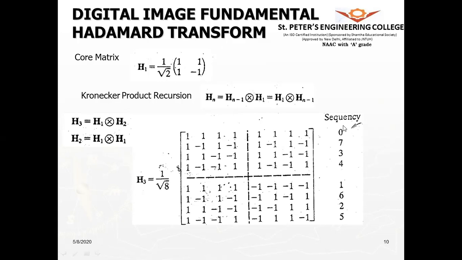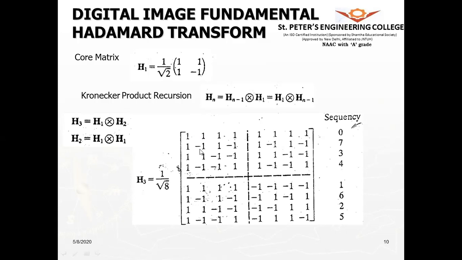Now here on the side, if you see, this is called the sequency. What is a sequency? This is nothing but the change in the signs. This change in the sign is what we call the frequency, so this is what is related to the frequency term. Here we see that in the first row there are no transitions, so it is zero transition.